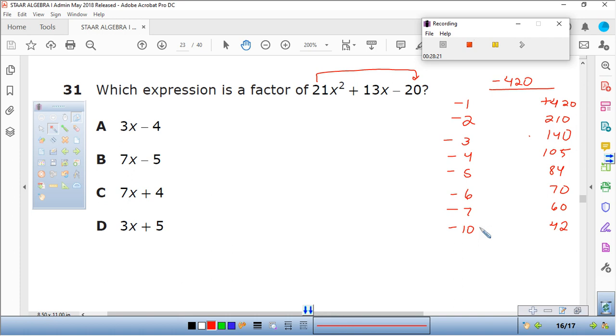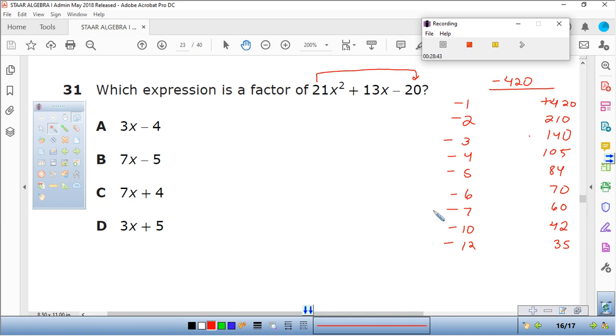420 divided by 12. Okay, 12 and 35. Wait, is that right? 35 minus. Oh, wait, that's not it. 420 divided by 13.